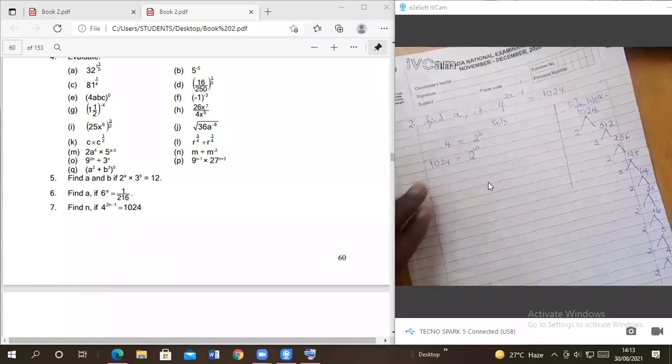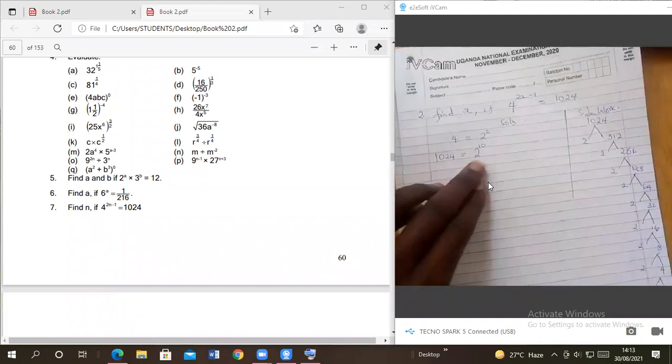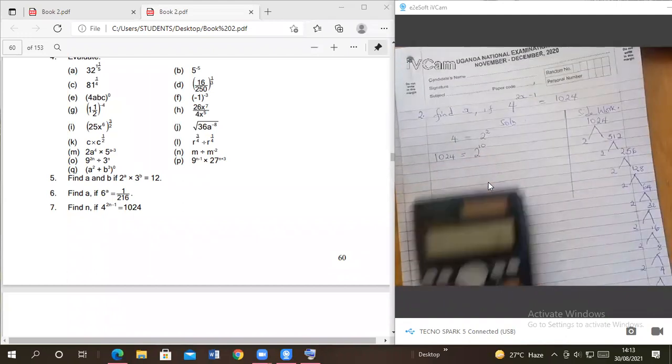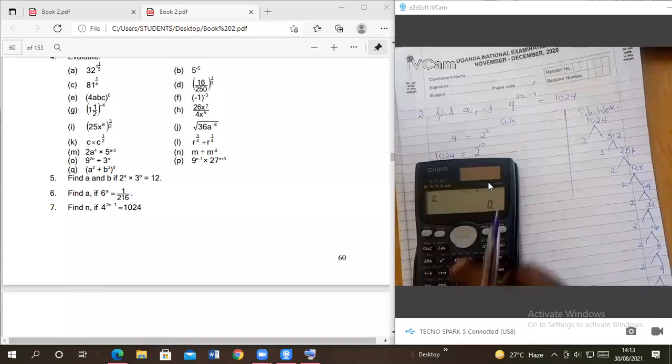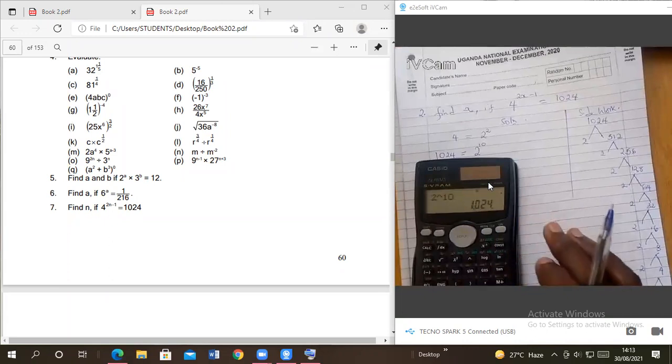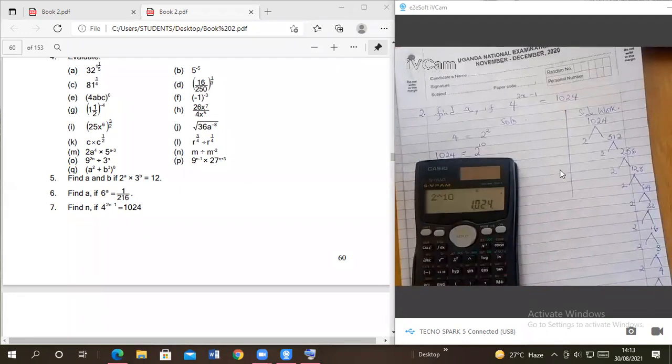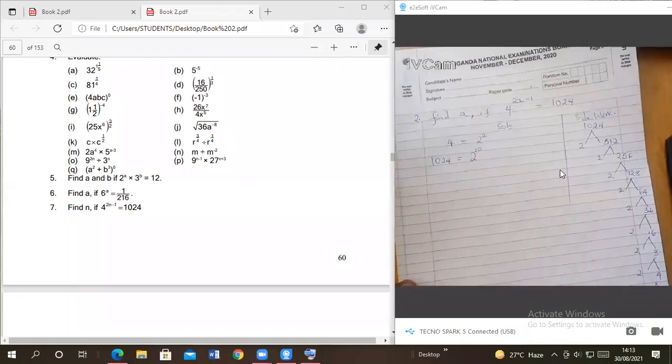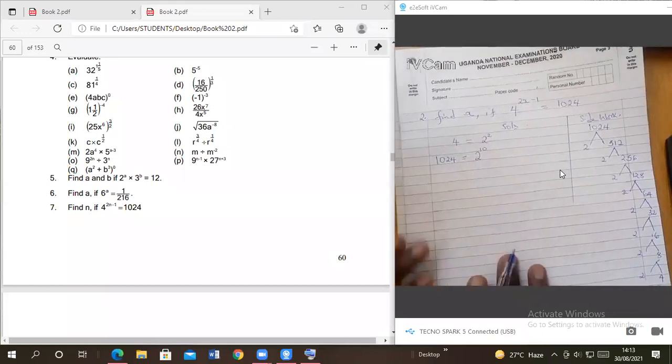So this means 1024 is the same as 2 to the power 10. You can even see that. So when I put 2 to the power 10, it will give me 1024. Members, are you getting me? Yes. Okay. So 1024 is the same as 2 to the power 10.